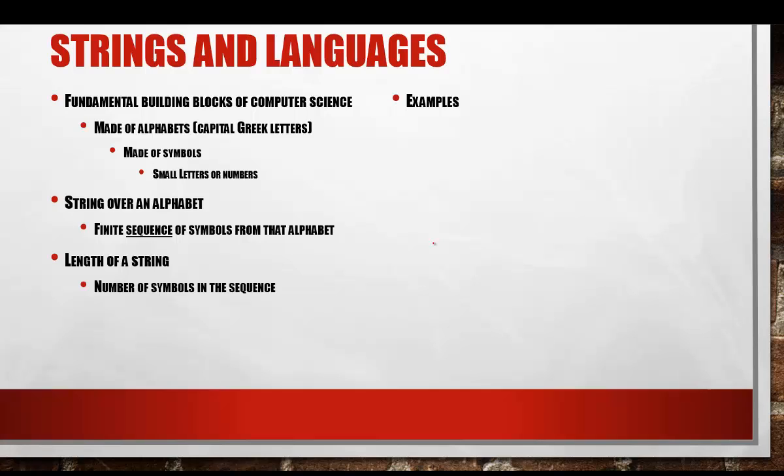And so basically, that's pretty much it. Before we finish up, I would like to talk a little bit about the concepts of strings and languages, and then go over some very basics of what strings and languages are, because they would be the bread and butter of computer science and the theory of computation that we will be talking about.